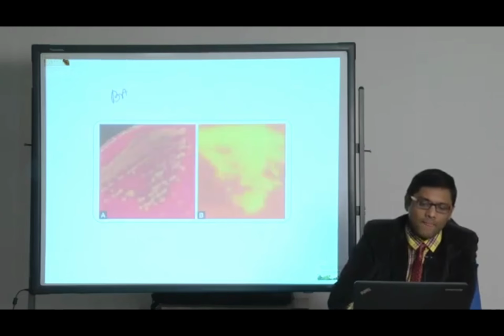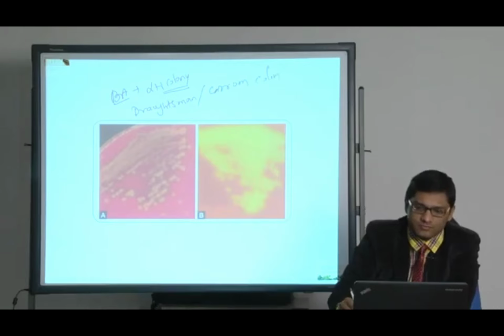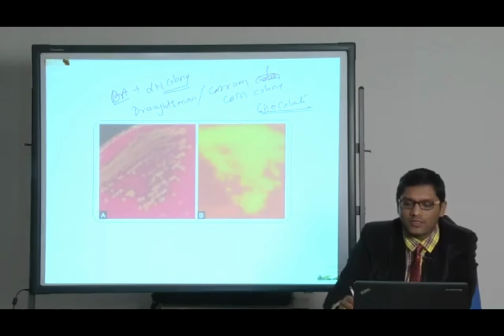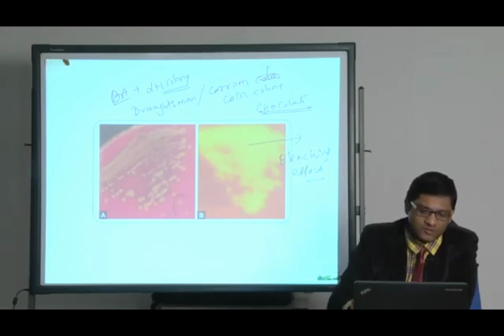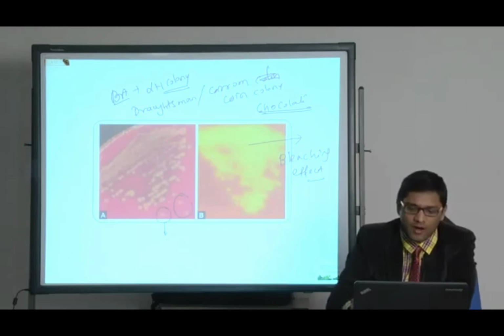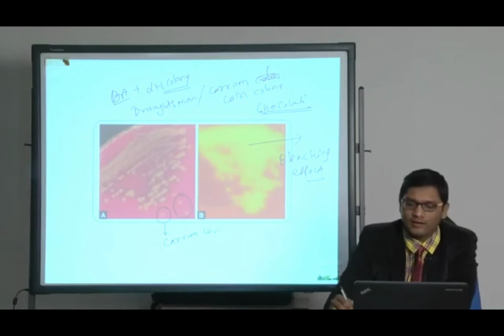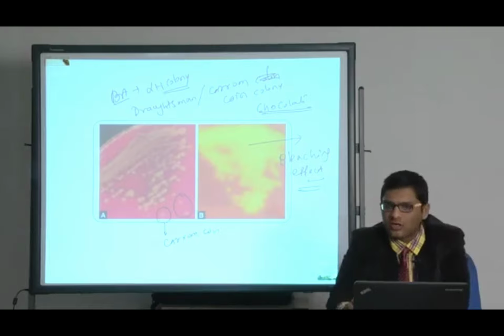And on blood agar, alpha hemolytic colony, but the colonies are bigger in size, having a dimple. It is called draughtsman colony or carom coin colony. And on chocolate agar, pneumococcus will produce a bleaching effect. So, this is the draughtsman colony or carom coin colony, and this is the bleaching effect of pneumococcus on chocolate agar.